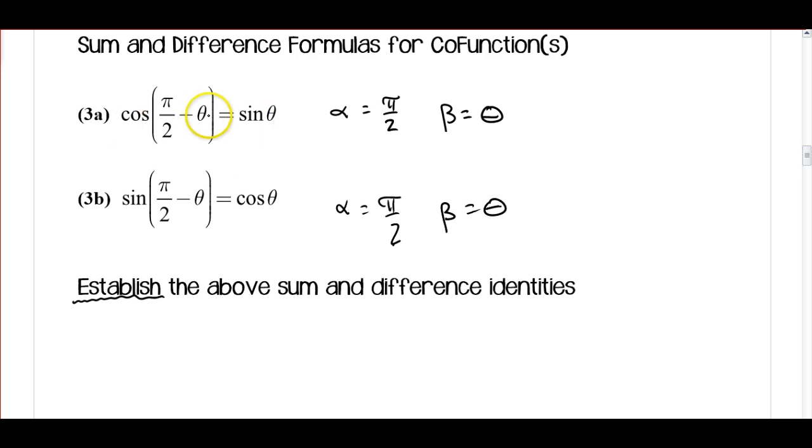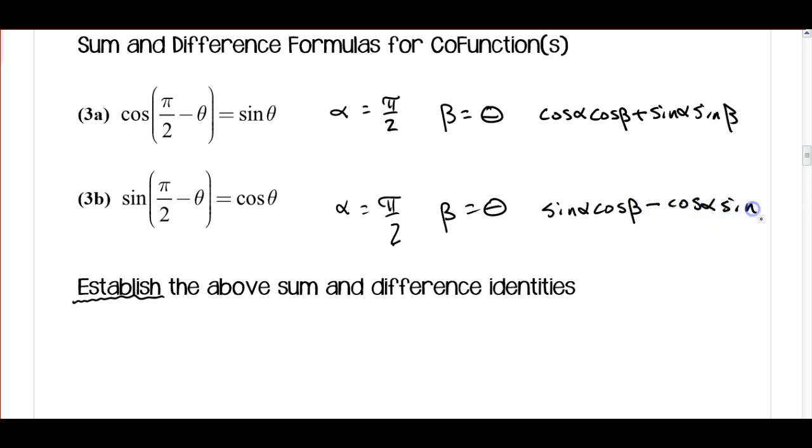So now when I'm using my sum and difference formulas, this is going to be cosine alpha cosine beta plus sine alpha sine beta. And we'll go ahead and substitute into that in a minute. And then for this one, we're going to have sine alpha cosine beta minus cosine alpha sine beta.